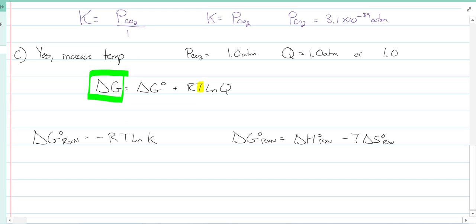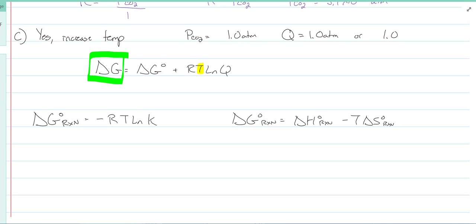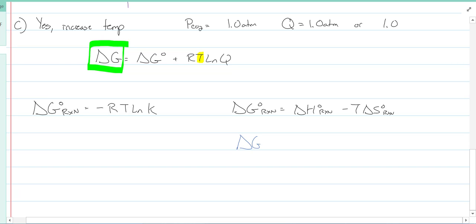We also have delta G of my reaction is equal to delta H of my reaction minus T delta S of the reaction. So we are going to use this way. There's a couple ways to actually do this. This would probably be the easier method.